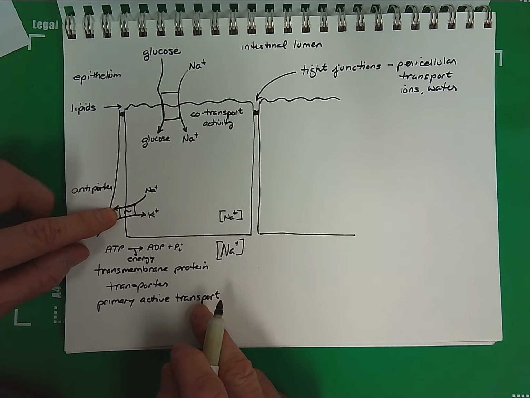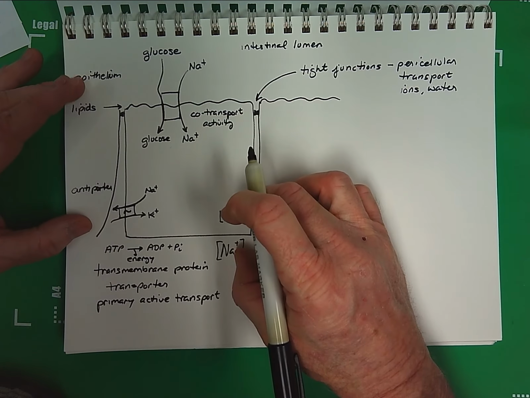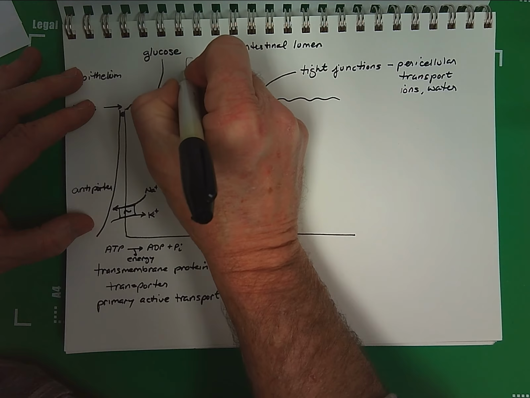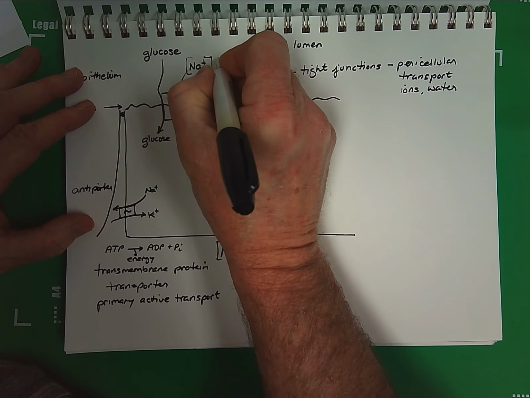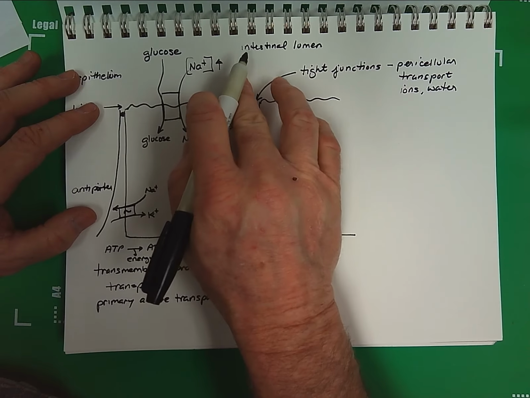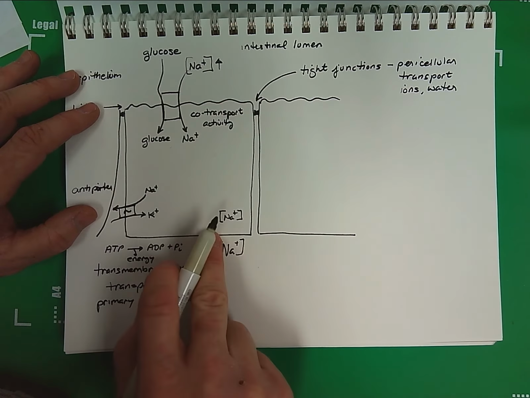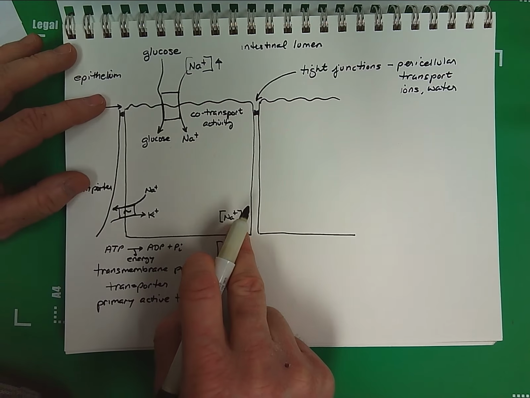Now what this is going to do is establish a gradient of sodium so that our sodium concentration is high in the lumen of the intestine, but recall again, it is low inside the cell.